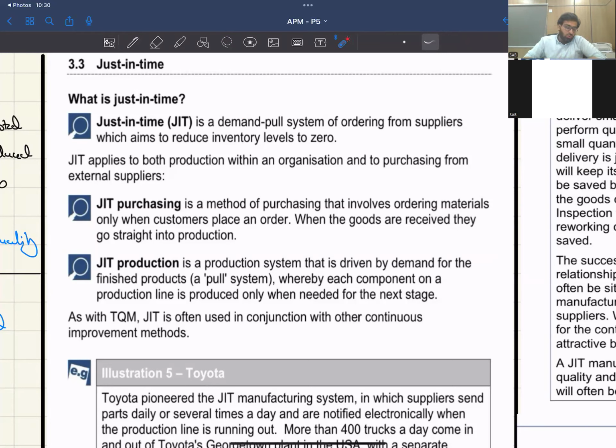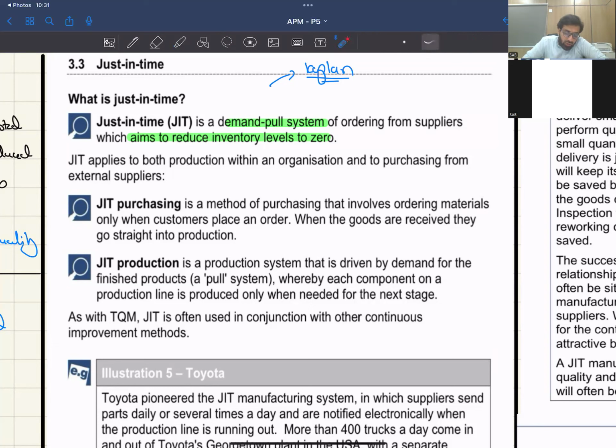So now, what's JIT? It's obviously an extract of your books. They have written good examples, so therefore I have extracted it. It's a demand pull system of ordering from suppliers, which aims to reduce inventory levels to zero, because you are not going to hold the inventory.